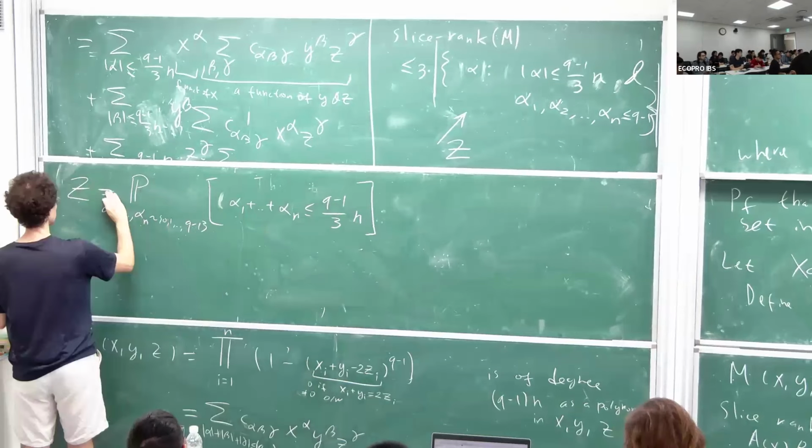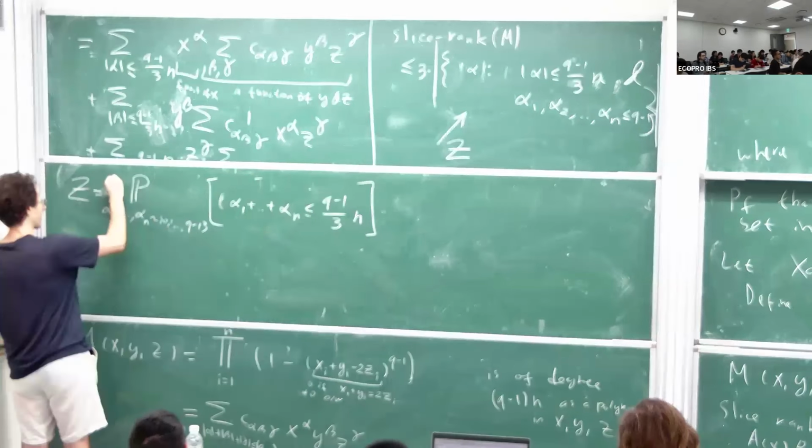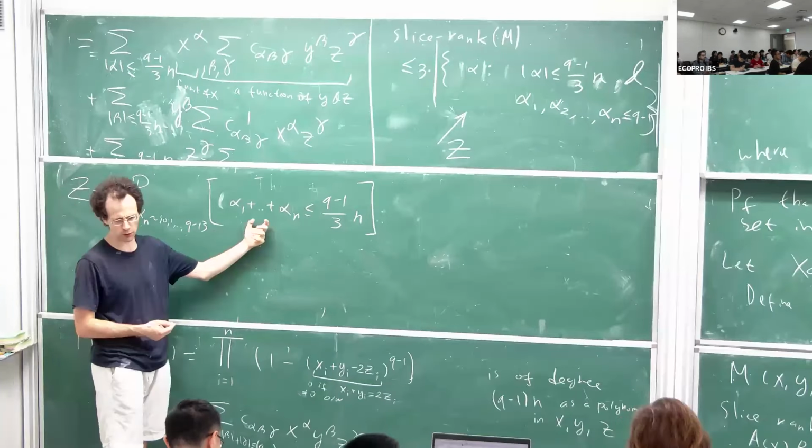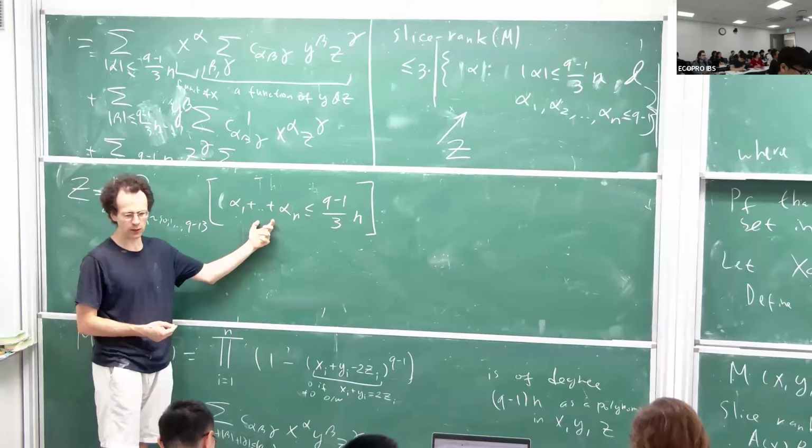This is just reformulating, but in this way it should be easier to see that we can get a non-trivial bound on this probability by just using a Chernoff bound.